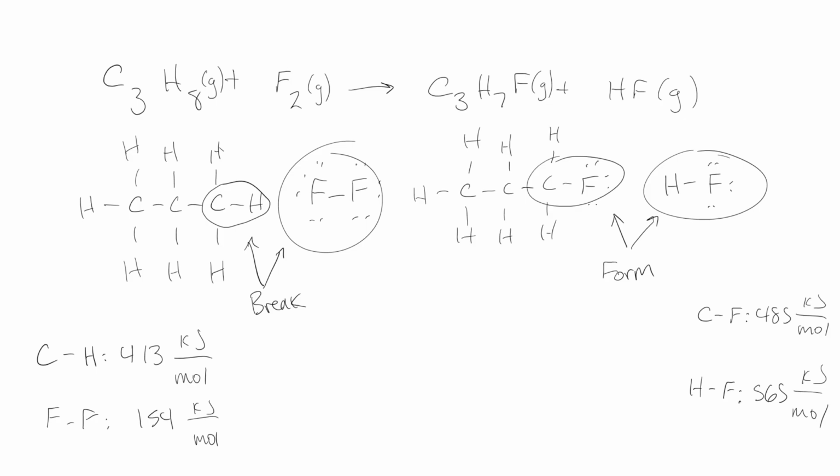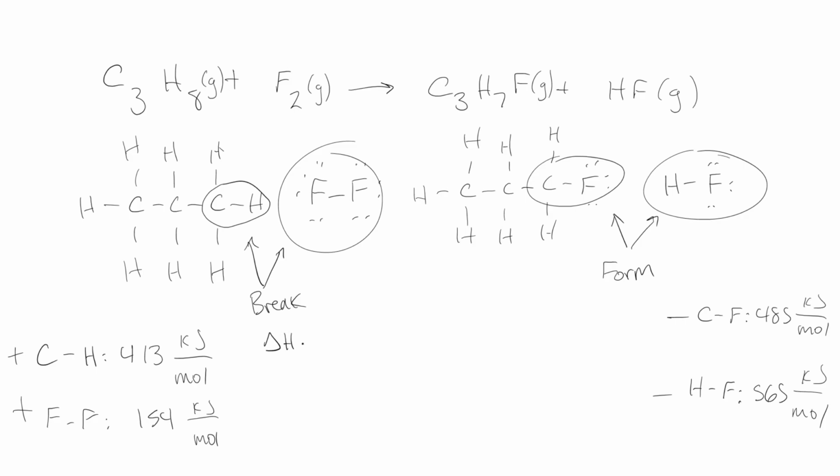So how do we calculate the enthalpy of reaction then? If it takes energy to break bonds, that means these values are positive. If we have to release energy in order to form a bond, that means these values are negative. The sum of all of these together will make up your enthalpy of reaction.